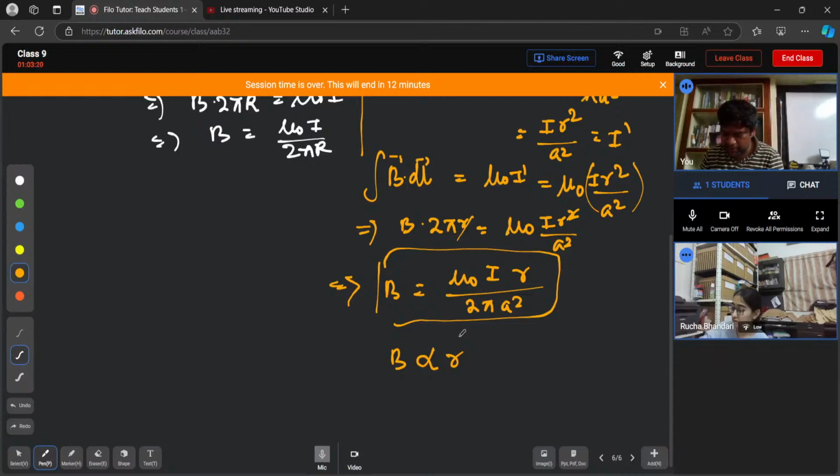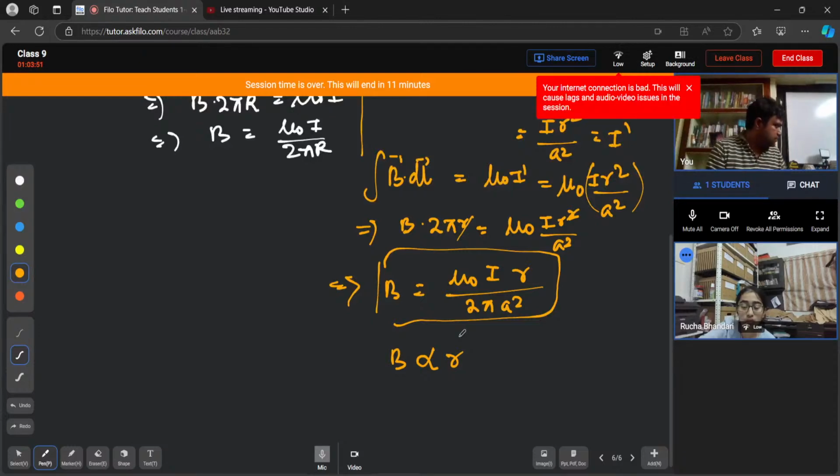Outside, as the r will increase, it will decrease, and inside, as the r will increase up to radius a, it will increase.